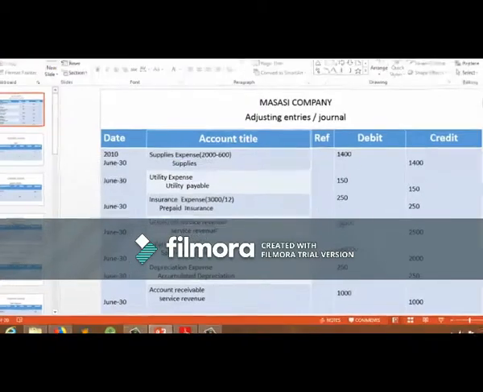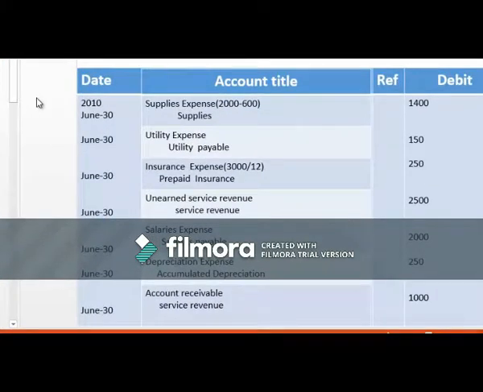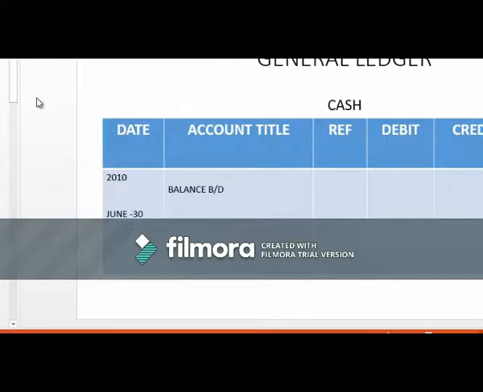So the balance we get from the unadjusted part, we will give the account title as balance BD, that means balance brought down, and directly we will write the balance in the balance part, no need to write in debit or credit. So for cash it is complete.